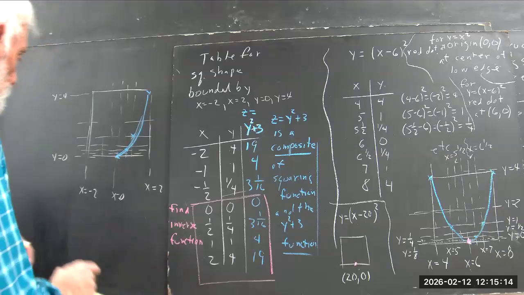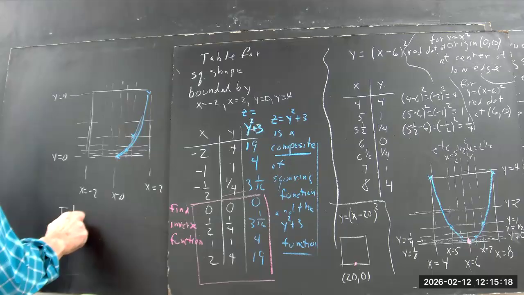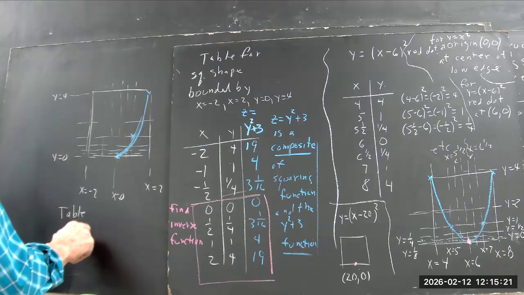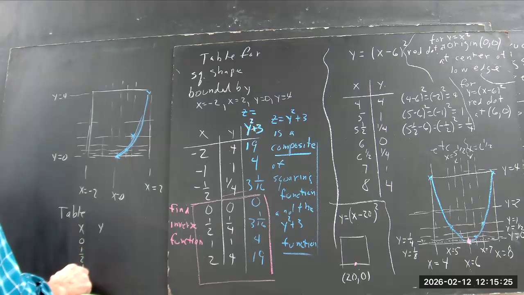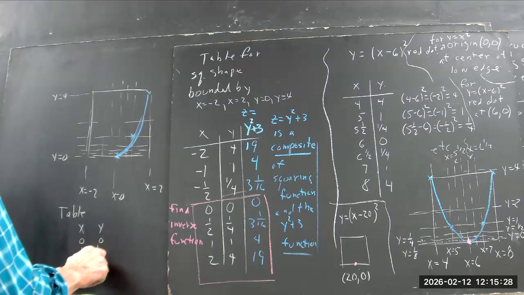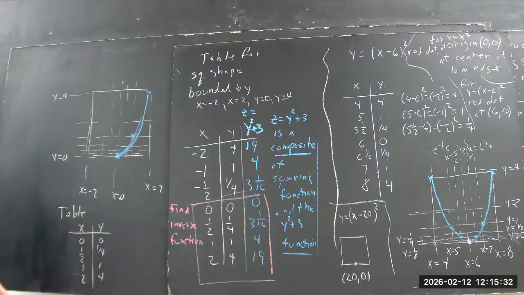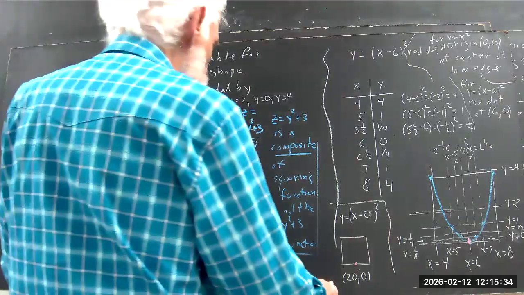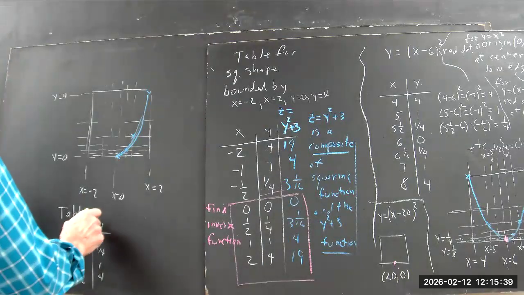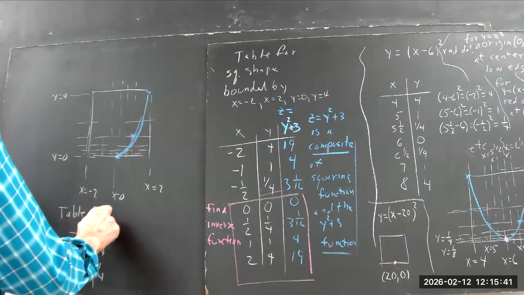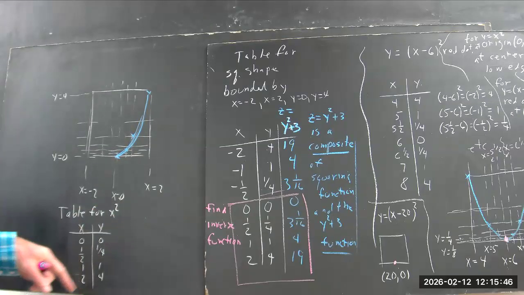So my table is here. That's a table for x squared.